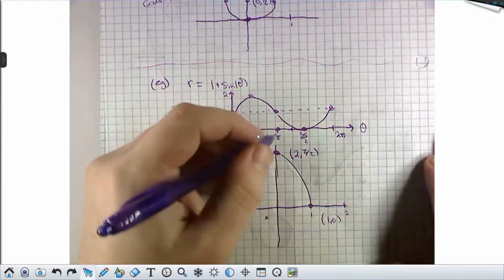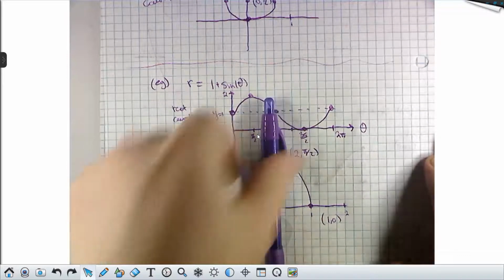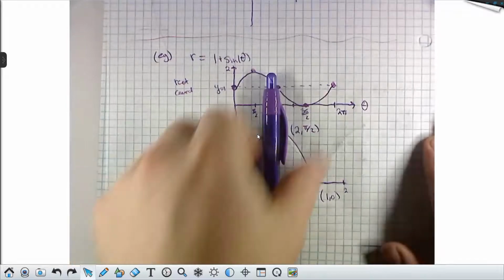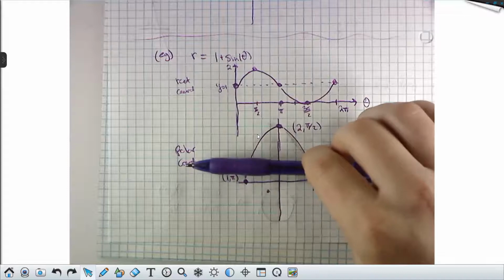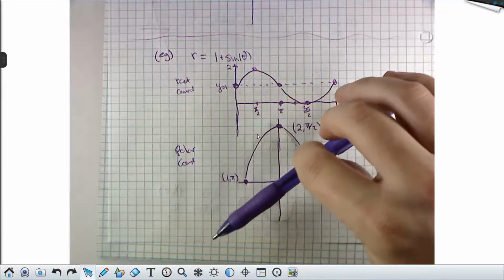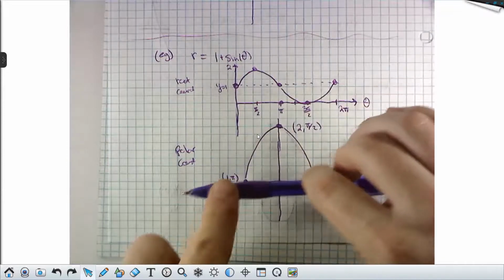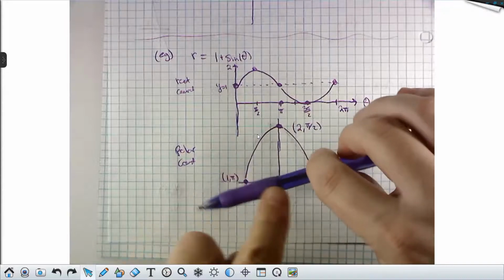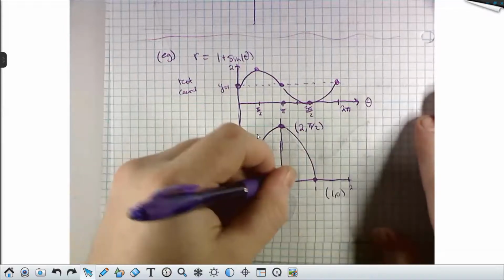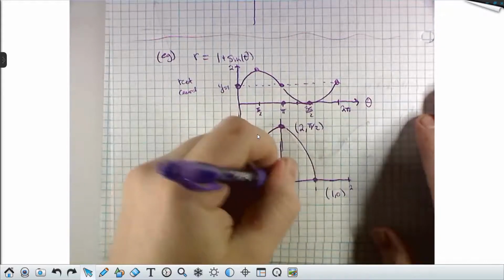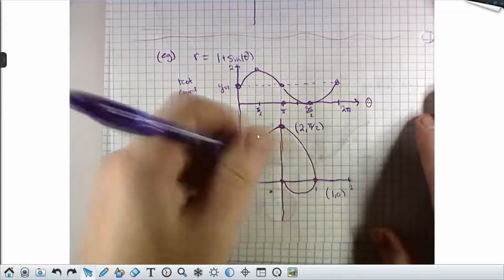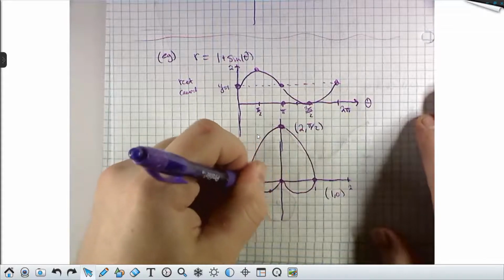And by the time my arm is all the way down here, we rotate through like this. We go all the way from 1 out here down to 0.3 here. And by the time we come into 3 pi over 2, we're at 0. And then we pop out symmetrically. So this is the shape.